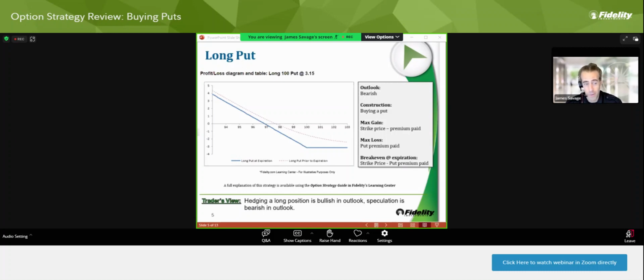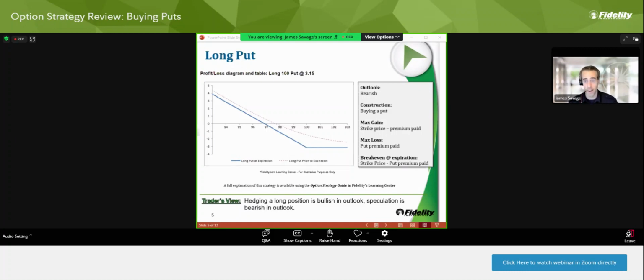So that difference between 96.85 and zero could theoretically be your substantial profit. Right? In this case, the most amount of money that a trader could make in this is $9,685. Not that it's ever really going to get to that extent, but that is that theoretical maximum profit. Again, strike price minus the premium paid and whatever that difference is between that and zero.